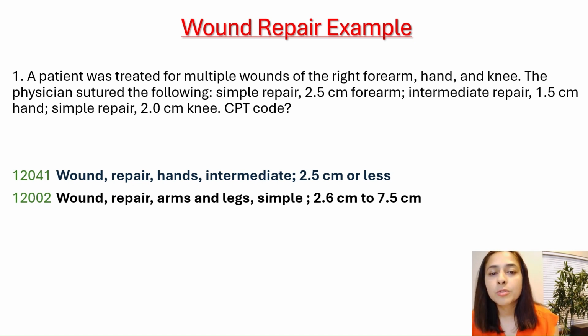Our question has 1.5 centimeter, which is 2.5 centimeter or less. Another code is 12002, wound repair arms and legs simple 2.6 to 7.5 centimeter. Our answer will be, when we add 2 simple, which is 2.5 centimeter of forearm and 2 centimeter of knee, it will be 4.5 centimeter, which is within that range.